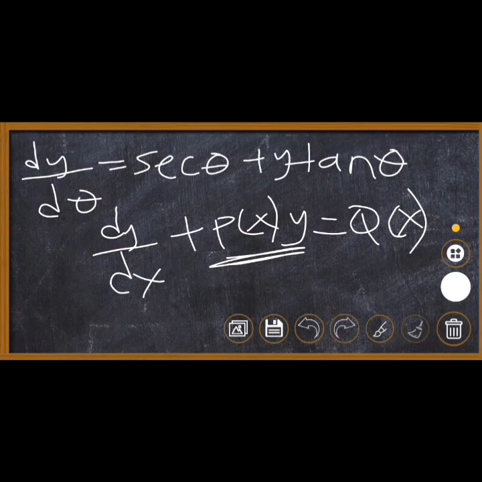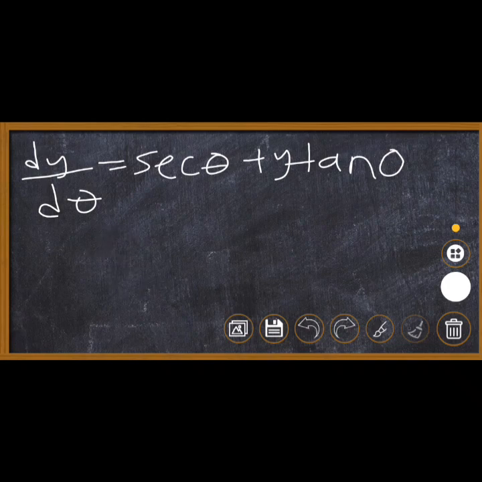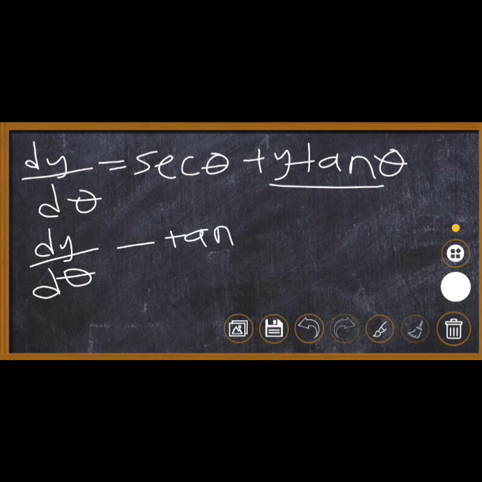So we can write the given equation in such a standard form. We already have the differential equation here, so we just have to take this to the other side since it's the one that has y. So it's going to be dy over d theta, and when this comes to the other side, it's going to be negative. If you don't want to write y in front here, you can say tan theta y equals sec theta.